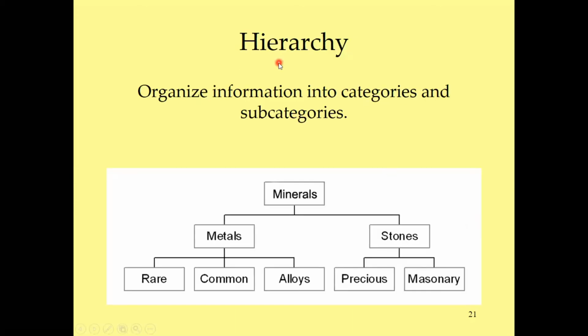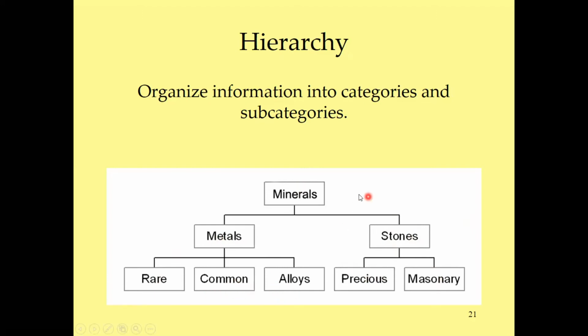We can also use hierarchies to organize information into categories and subcategories. So let's say you're studying minerals, then you can organize them mentally into various types of stones and the subcategories of precious or masonry stones, and then the category of metals, which include rare, common, or alloys, and then specific types of metals beneath each of those.